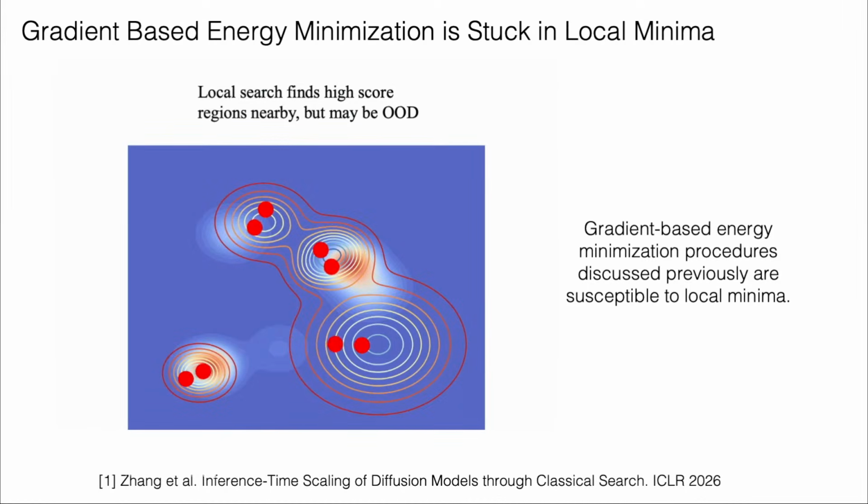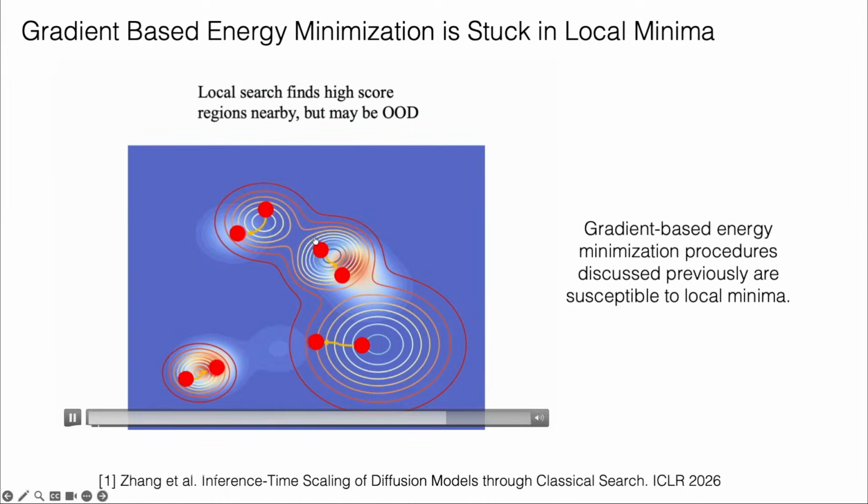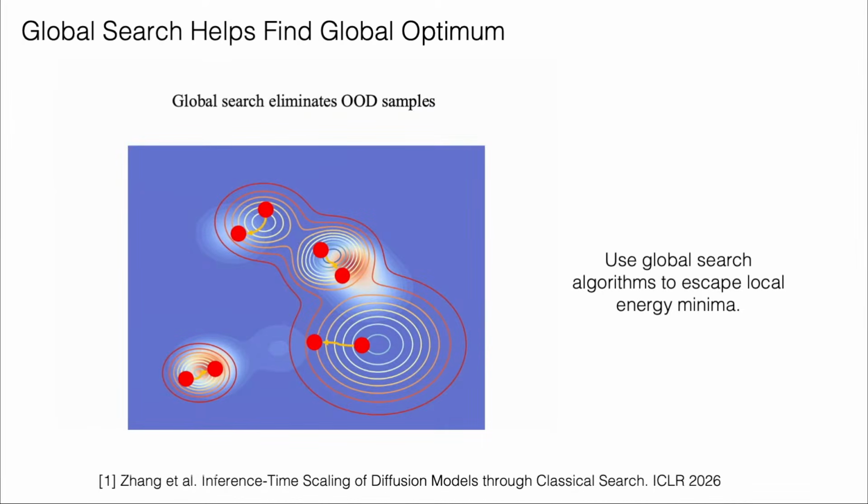One big issue with gradient-based optimization is, if you imagine you have these initial samples here and you run gradient descent, it turns out that you have two minima here, but if you just do gradient descent, you'll never be able to find this global minimum if your solutions start here. So one idea is, in addition to gradient-based optimization, you also want to do some type of more global search.